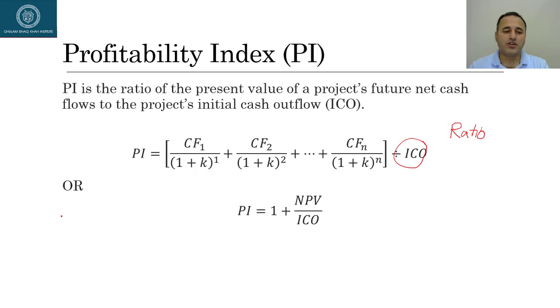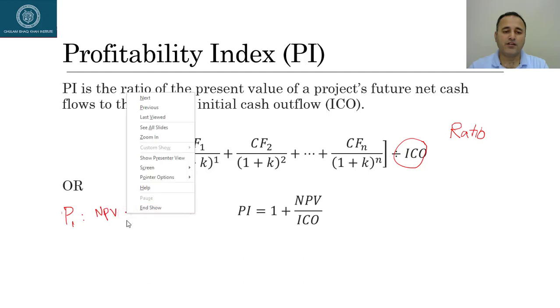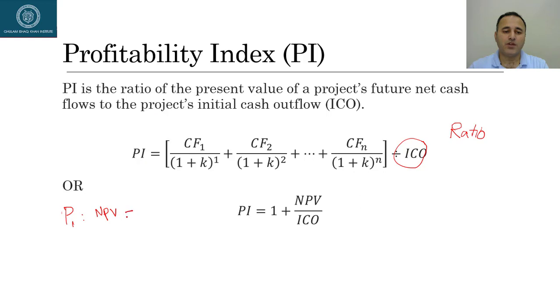So suppose there are two projects, P1, and let's say the NPV is, for example, $5,000. And let's say the investment involved is, let's say, $5 million.